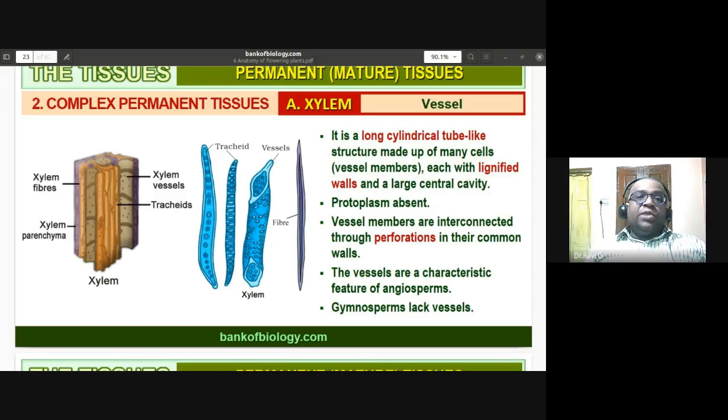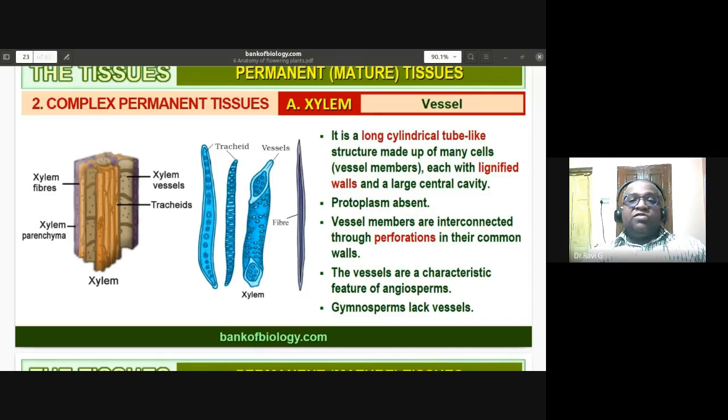I also told you Gnetum forms the lianas, that is, the woody climbers. So the vessels are a characteristic feature of angiosperms. Gymnosperms lack vessels except Gnetum. So Gnetum is a connecting link between the gymnosperms and angiosperms by its possession of vessels.